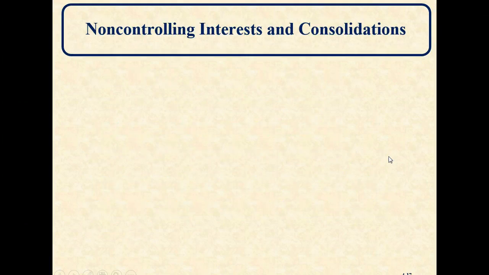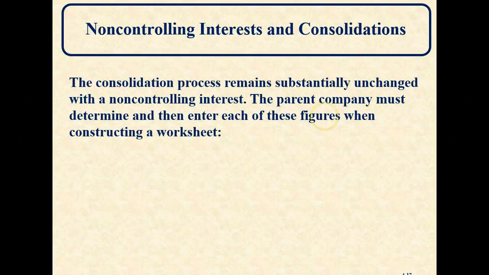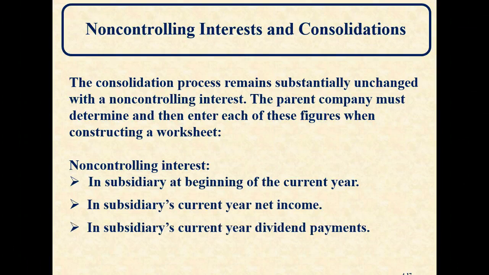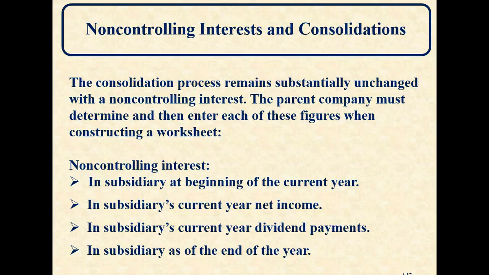So when we go and consolidate these statements, we're going to keep it the same, but we've got to do something to show that non-controlling interest in the financial statements. The items we're going to have to adjust relate to the non-controlling interest that was in that subsidiary at the beginning of the year.